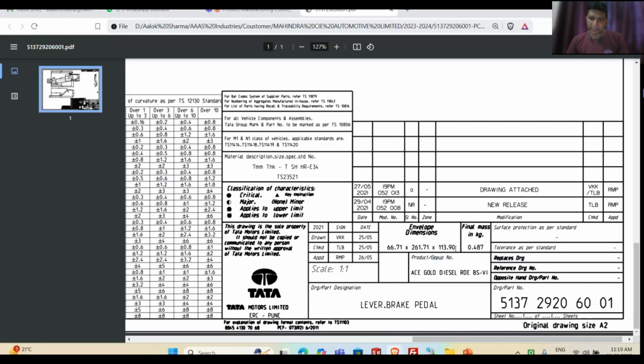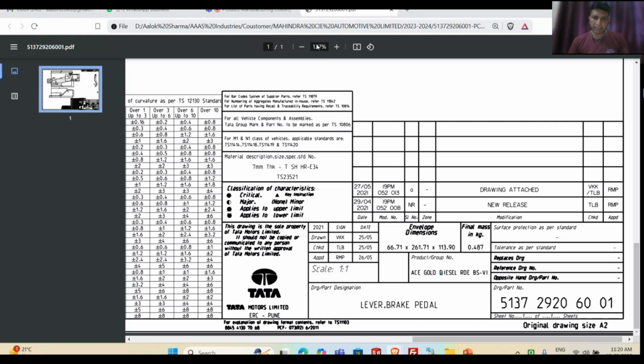And initially we discussed the envelope dimension, if you remember, the part envelope dimension. We also require it when we dispatch the product, because for packaging we need the envelope dimension of our part.